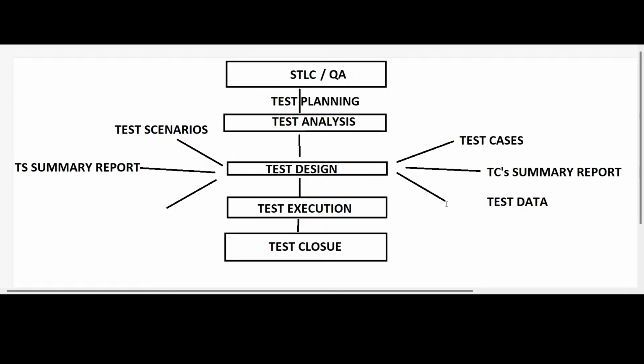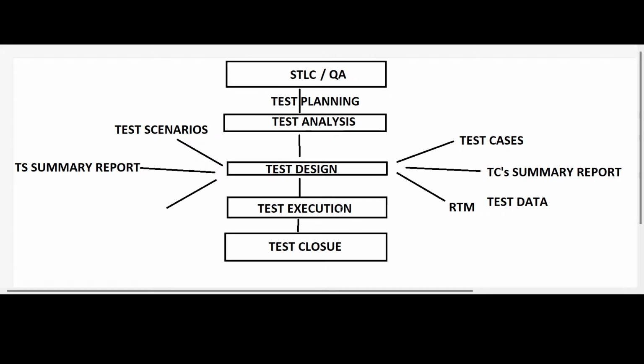Give me some time, I will cover what exactly this requirement traceability matrix means, after completing this STLC fully. So here we have one more thing called RTM, the requirement traceability matrix.